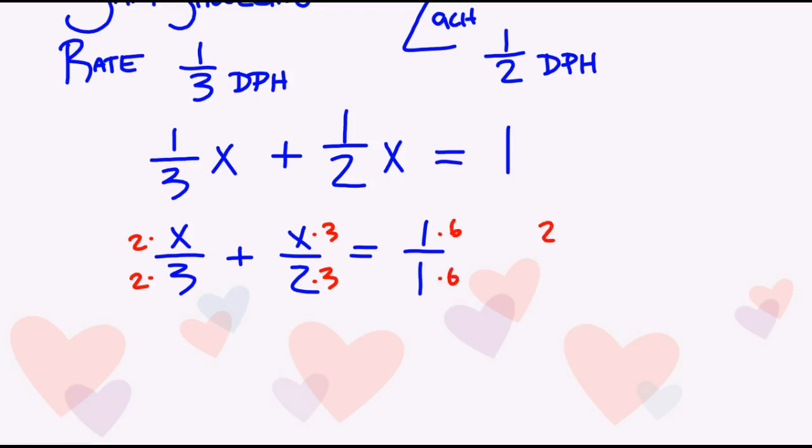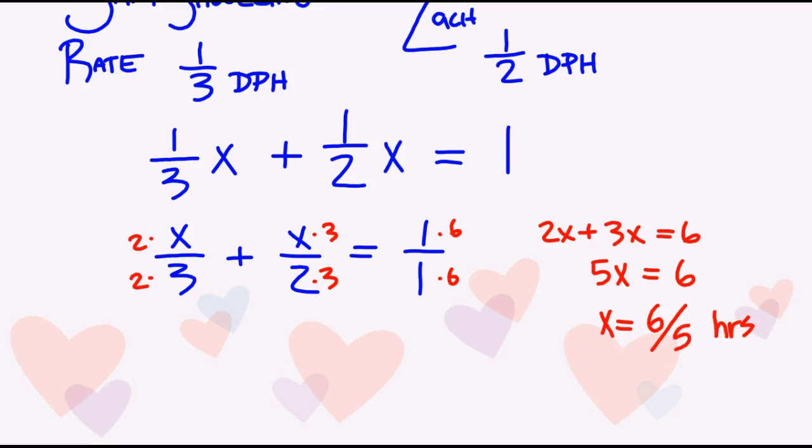So you end up with 2x plus 3x equals 6. 5x equals 6, and x equals 6/5 of an hour. So that is 1 hour and 1/5 of an hour. 1/5 of an hour is 12 minutes.